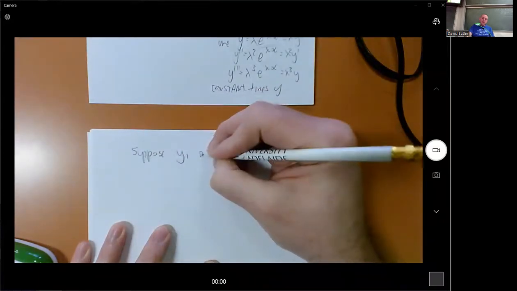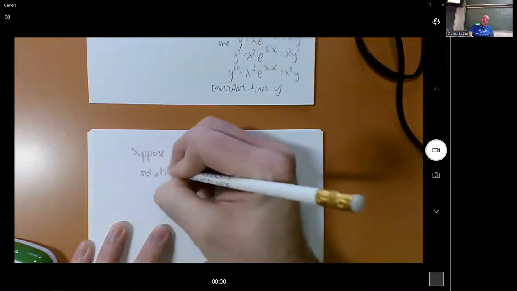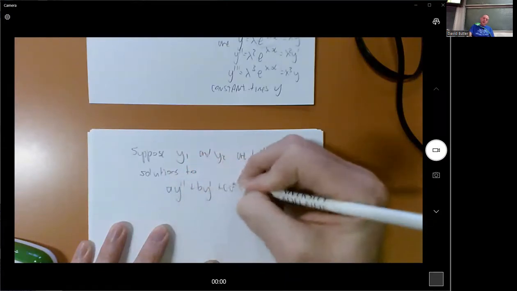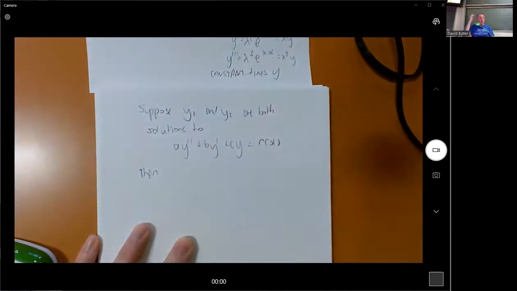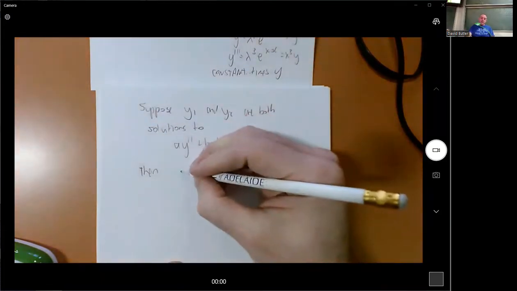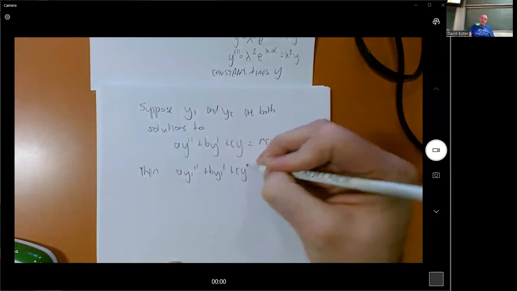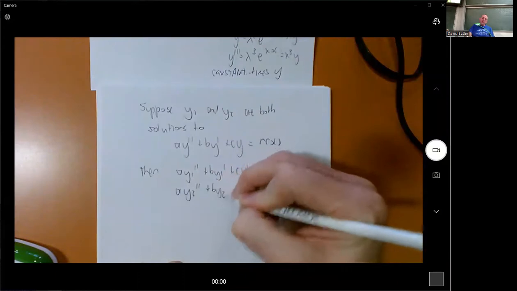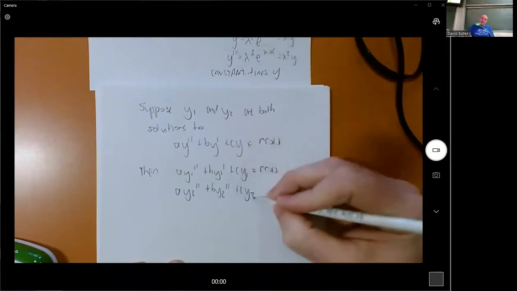Suppose y1 and y2 are both solutions to ay double dash plus by dash plus cy equals R(x). So this is a little proof that what I'm about to do is going to work. I'm sorry, I'm not doing it in any particular order. Then that means that ay1 double dash plus by1 dash plus cy1 is R(x), and ay2 double dash plus by2 dash plus cy2 is R(x).